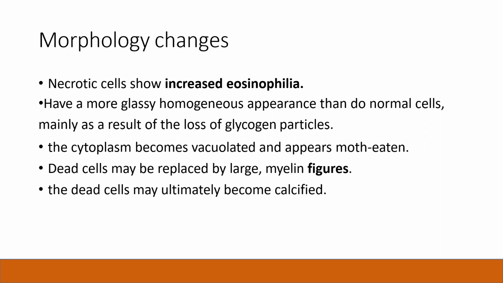Some people try to dissolve this calcified cyst, but you can't dissolve it. If the infection is stopped, you can see this calcified cyst in the lungs after tuberculosis. After tuberculosis treatment, you can see this calcified cyst.